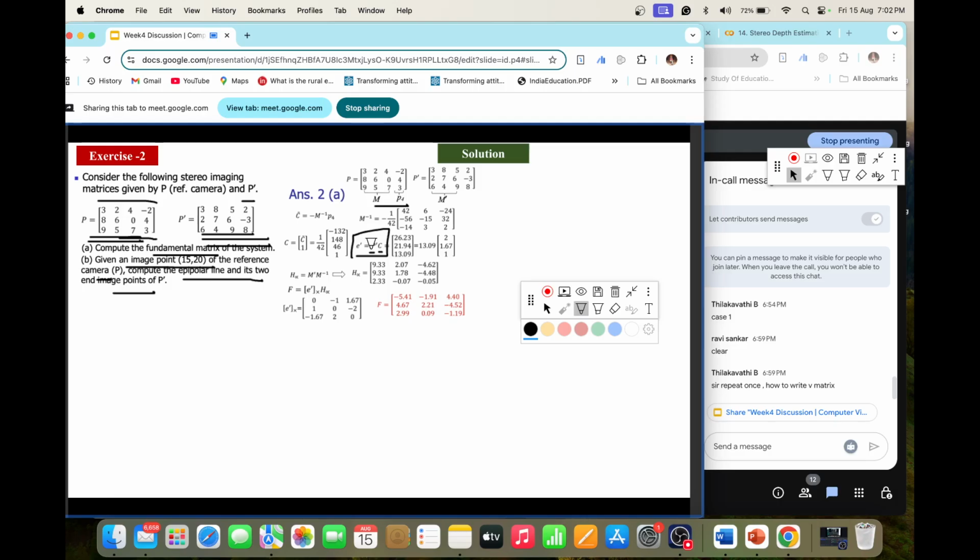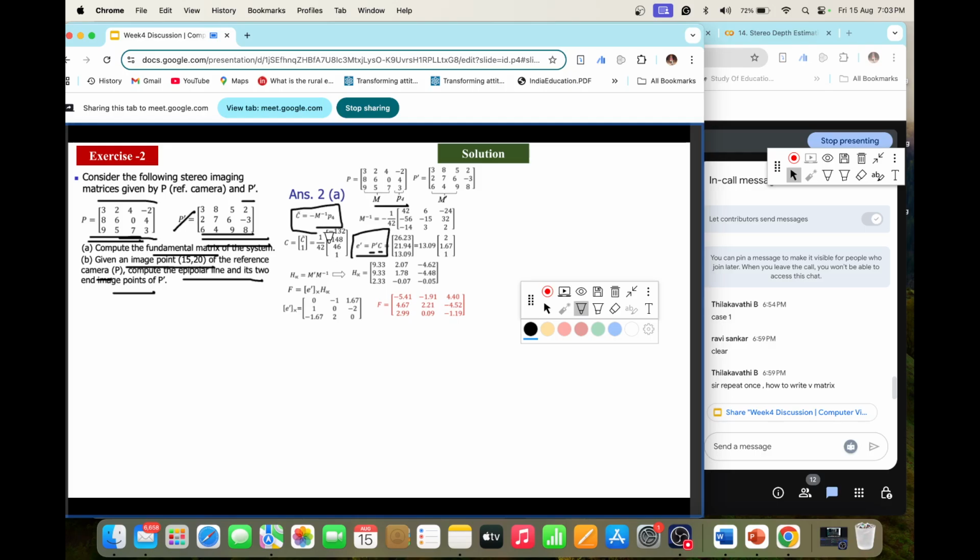So we already have this P dash. If we have this, C can be very easily found. This we also read in the previous class. C tilde is nothing but minus M inverse P4. So you just find M inverse and multiply it by P4, and you will get the C tilde, that means in inhomogeneous coordinates.